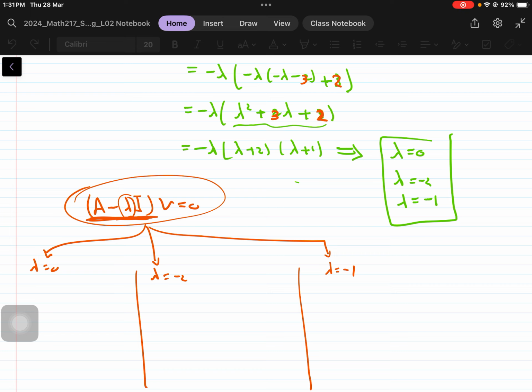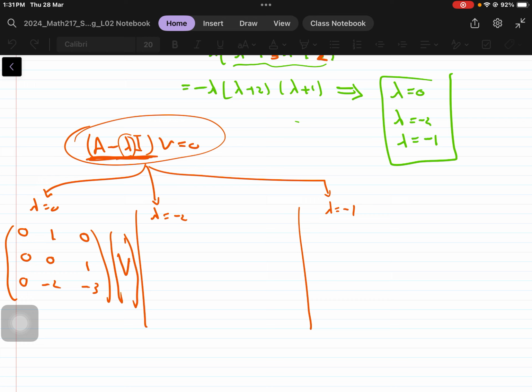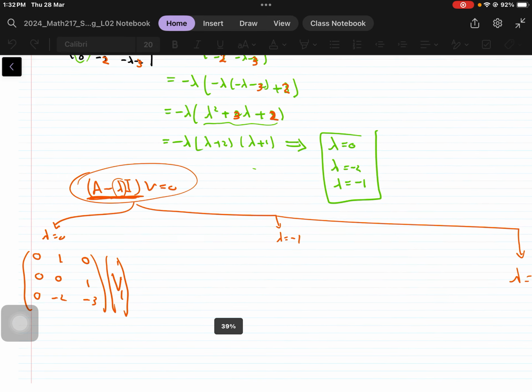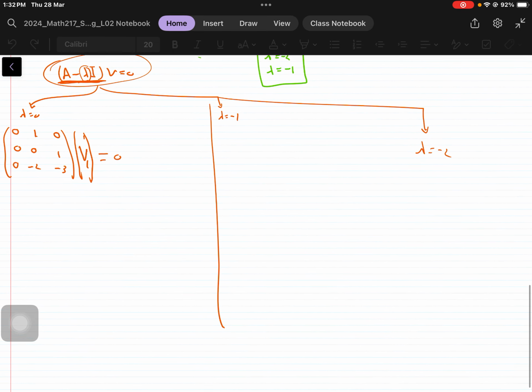Putting lambda equals 0, it will be 0, 0, 1, 1, 0, 0, 0, 0, 0, 1, 0, negative 0, negative 2, 2, negative 3, times V1, equals 0.